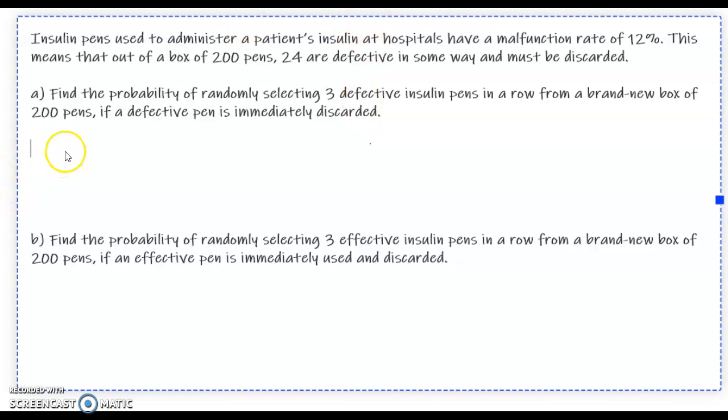So that means I want to find the probability of the first pen being defective and the second being defective and the third being defective. A big part of probability questions is trying to decipher or translate: is it an and situation like this one is, or an or situation?